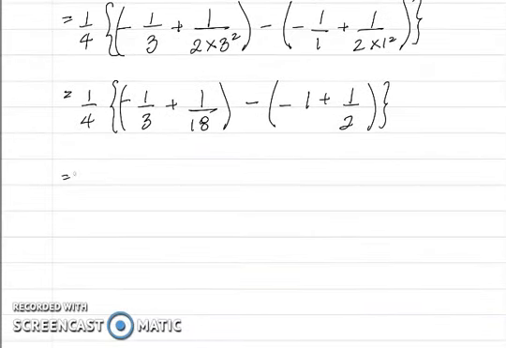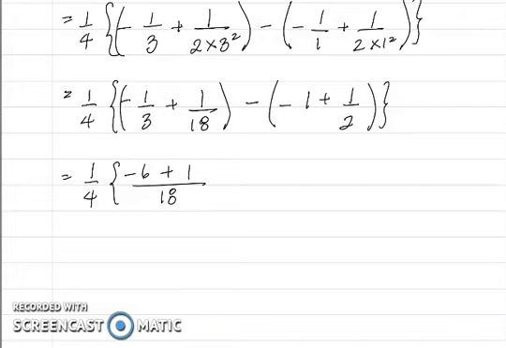This now becomes 1 over 4 and we have 18, minus 6 plus 1.